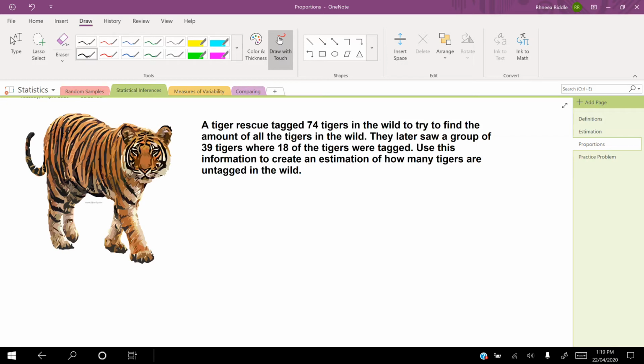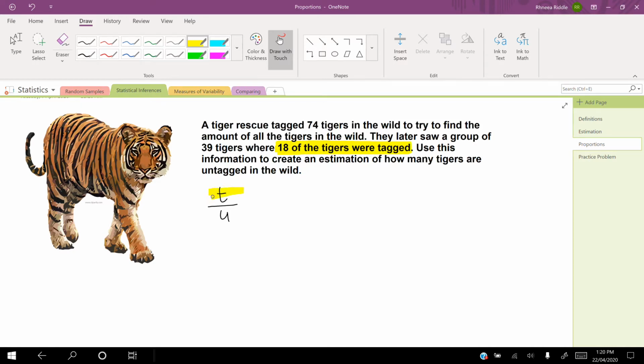So we want an estimation using proportions, and we are going to say how many are tagged over how many are untagged. So we need to find out how many are tagged and untagged in that group of tigers that we saw. So it already says that 18 of those tigers were tagged.